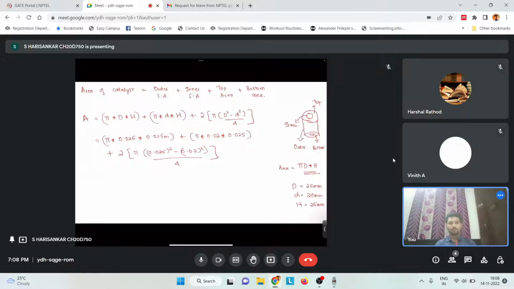So if we do the math here, we'll get an area in terms of pi as 0.001235 into pi.